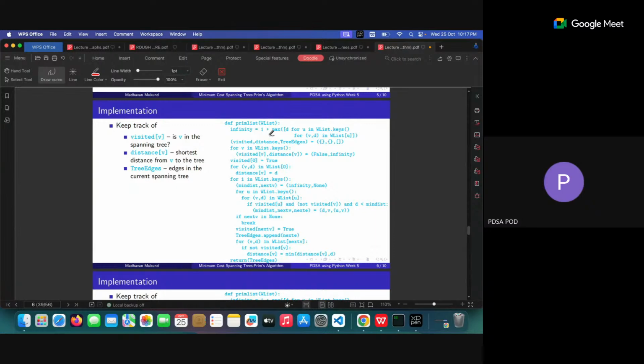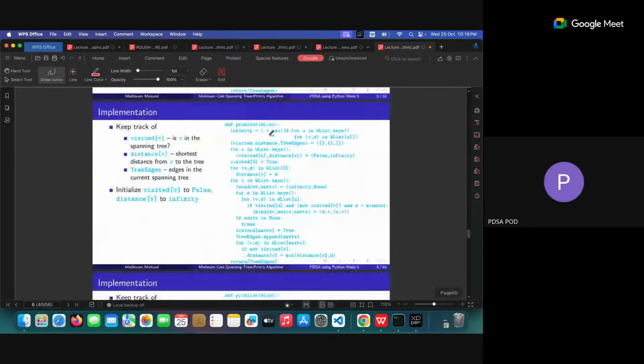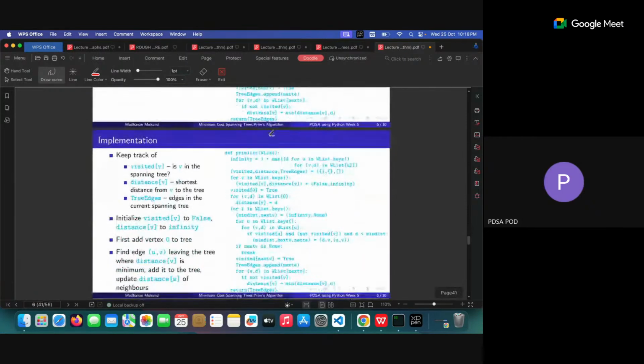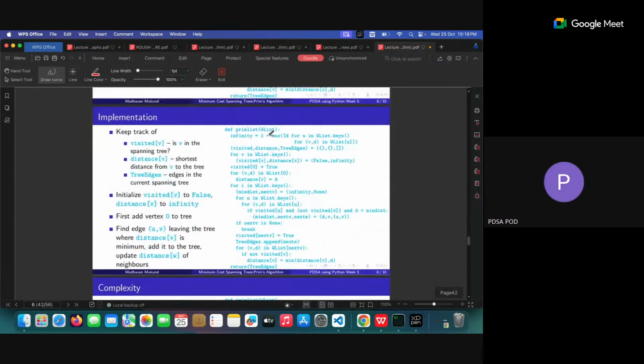So if you go to the implementation, the complete implementation, which is done in the 42. So adjacency list is better than the adjacency matrix. That's the reason they directly chose the adjacency list instead of the adjacency matrix. So initially they have set the distance to an infinite value as usual.